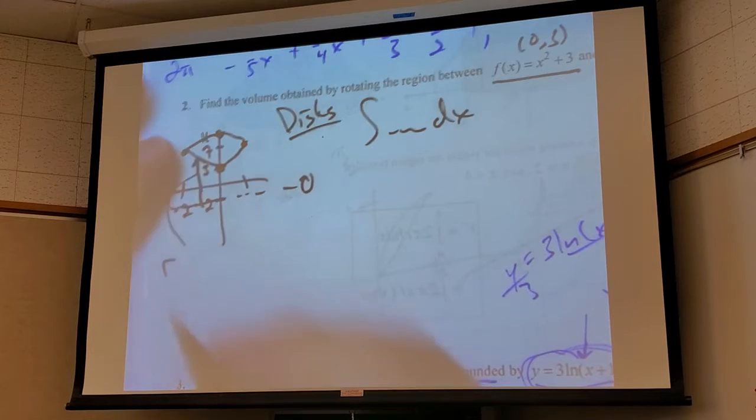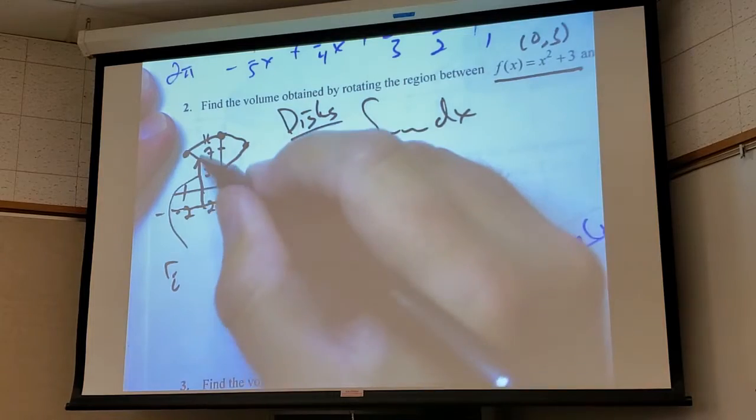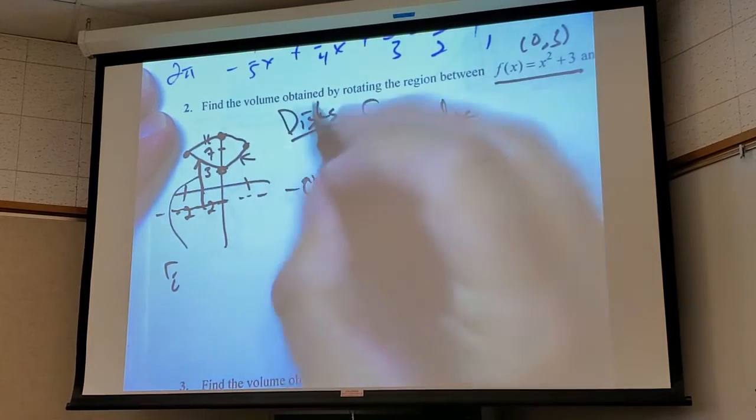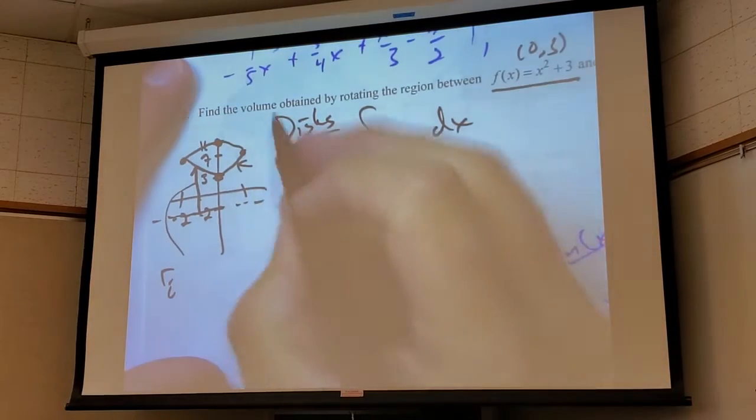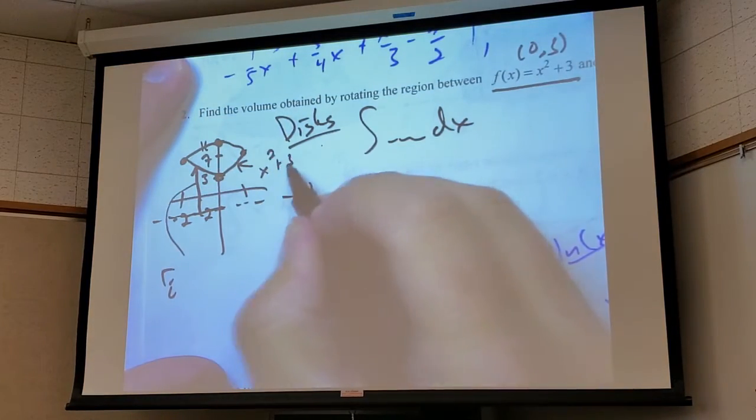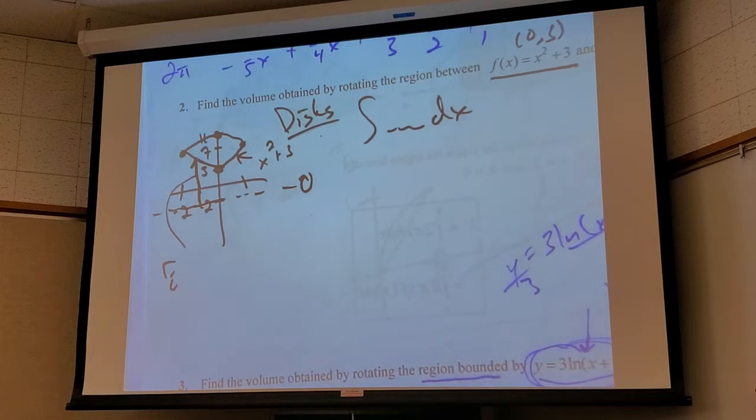So what's the inner radius? How long is this thing I just drew? What's this wall? It's the up parabola. So which one is it? X squared plus 3. Now please, dear God, what I'm about to say happens all the time. I just drew that line. Which wall is bigger?